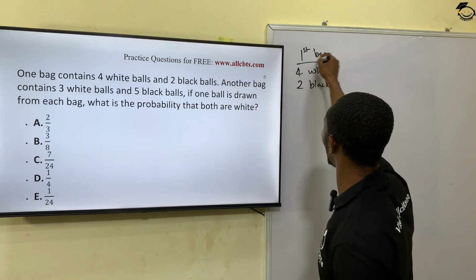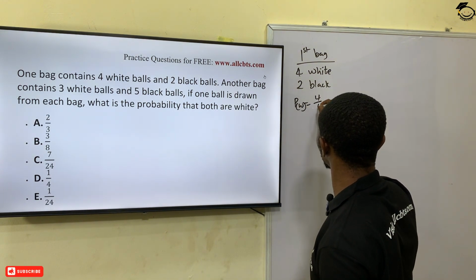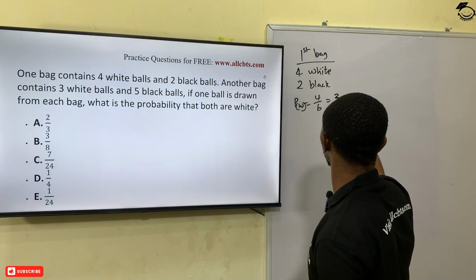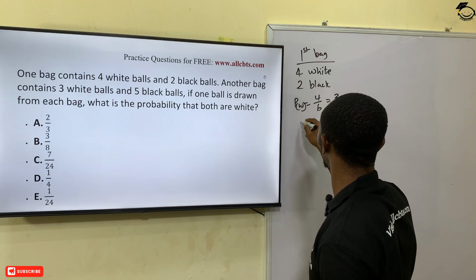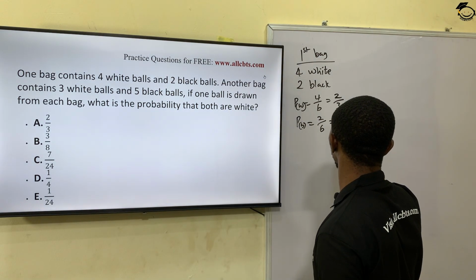Under this first bag, the probability of white would be 4 over 6, which is 2 over 3 when broken down. And the probability of black would be 2 over 6, which is 1 over 3.